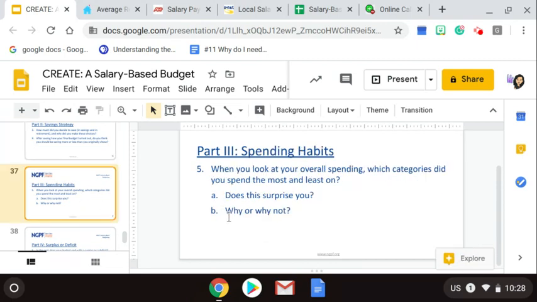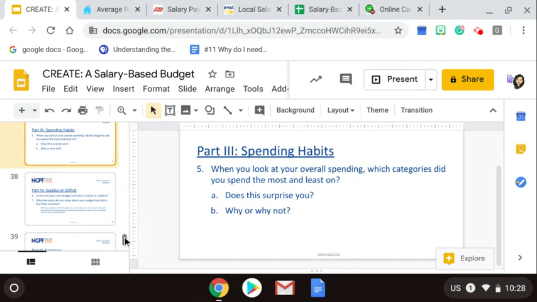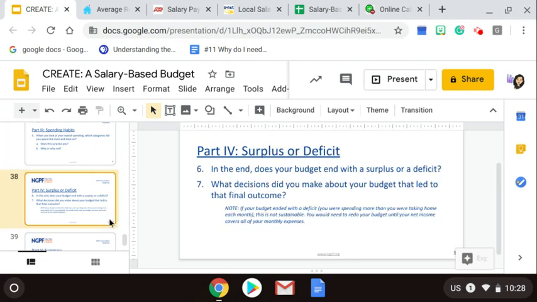All right, the spending habits. When I do my budget, I always realize, and I know I do this, that I spend too much on food, but that's my joy. When you do a budget, you are able to reflect, like, wow, look how much you're spending here.